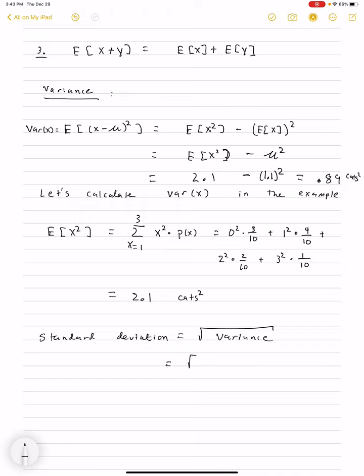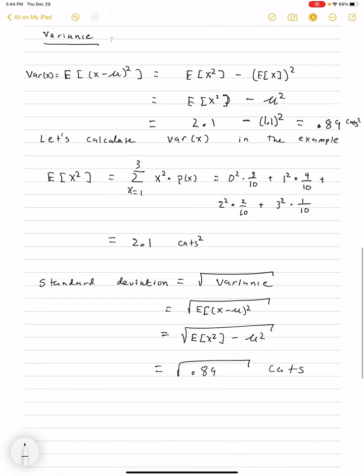Which is the square root of the expected value of x minus mu squared, and that is the square root of the expected value of x squared minus mu squared, which is the square root of 0.89, and that gives us units of cats.